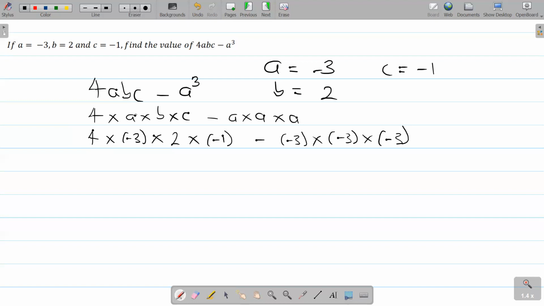So what we are doing is to substitute the values of A, B, and C wherever we see them. So 4 times minus 3, so the A is -3, and I've decided to put that in a bracket for a reason. Times the B, which is 2, times the C, which is -1.